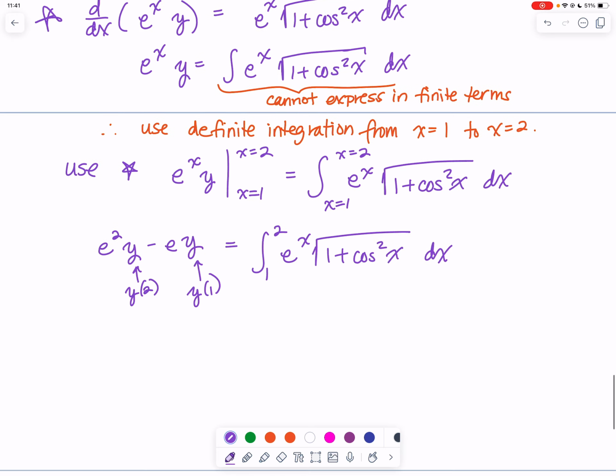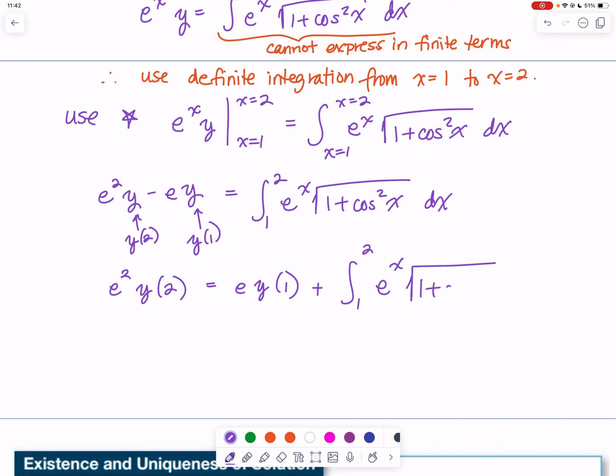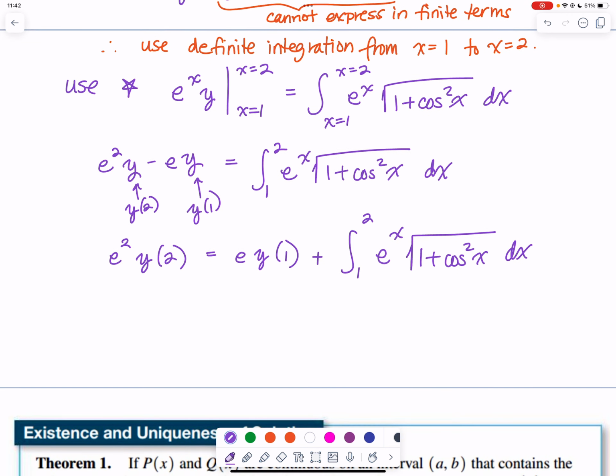Okay, and so now if we want to solve for y of 2, we will have e times y of 1 plus the integral from 1 to 2 of e to the x square root of 1 plus cosine squared x dx, and then dividing all terms by e squared, we have y of 2 is equal to e to the negative 1 multiplied by y of 1 plus e to the negative 2 multiplied by that definite integral.